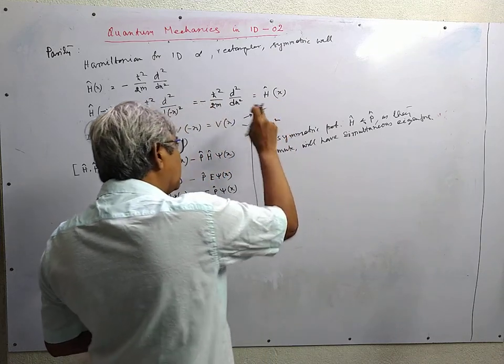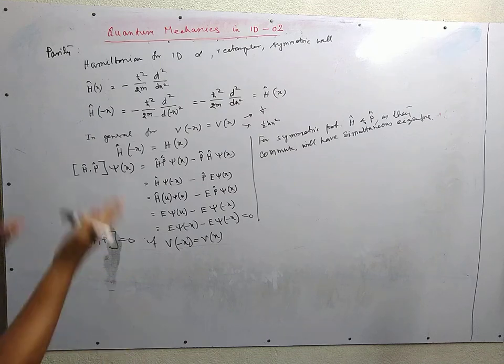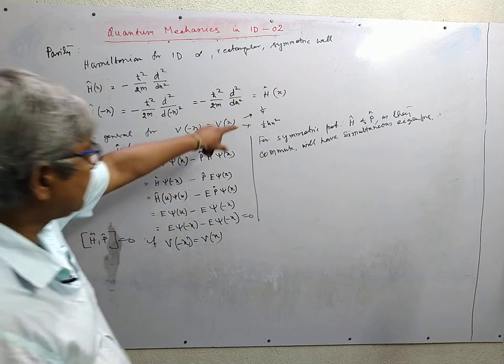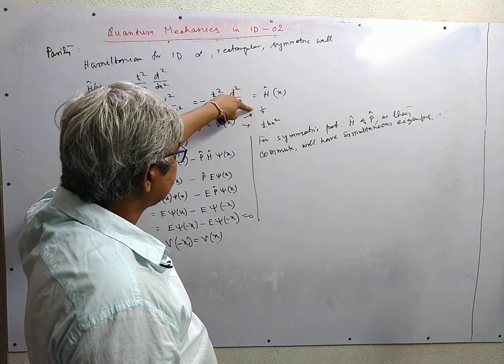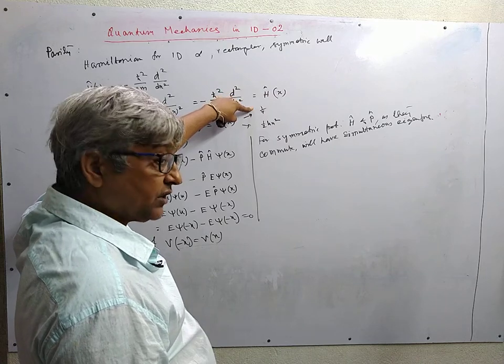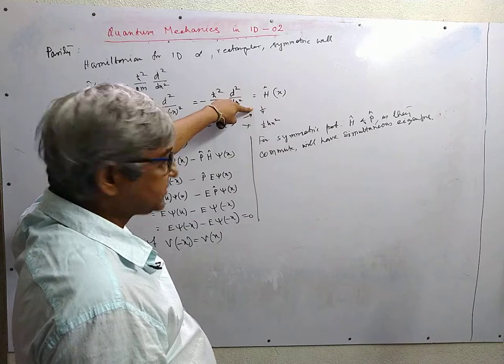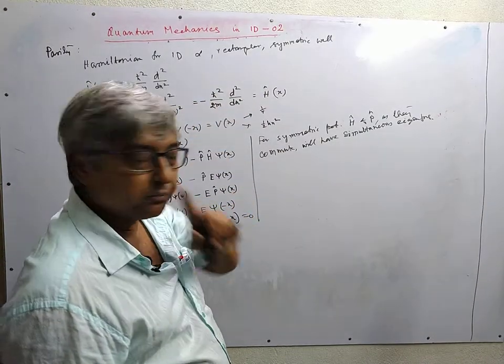Since it depends only on the scalar r, by the parity operation r remains r, so the potential is symmetric, or invariant, under the parity operation. And when we work out the solution of the hydrogen atom problem, we will see that it will have a definite parity.